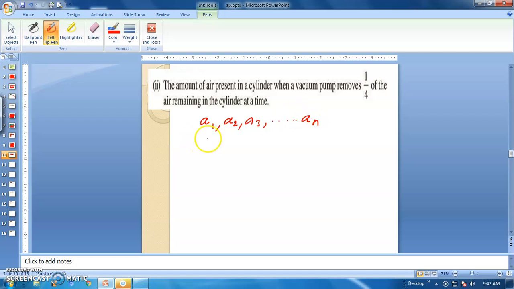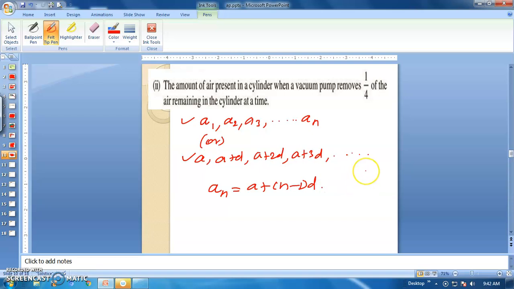Also, the general form is a, a plus d, a plus 2d, a plus 3d, etc. And the nth term of an AP, the formula is a plus n minus 1 into d. So these are the formulas.